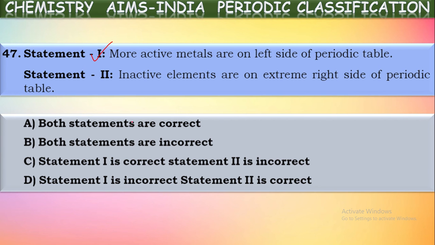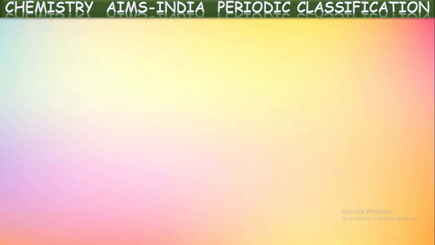Next one, inactive elements are on the extreme right side of the periodic table. This is also true because inactive elements, which are called noble gases, are located at the extreme right side of the periodic table, isn't it? In the zero group. So both the statements are true. Now this will be the correct answer. Next.